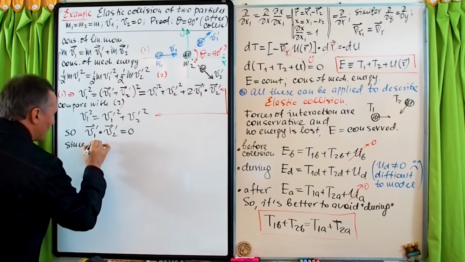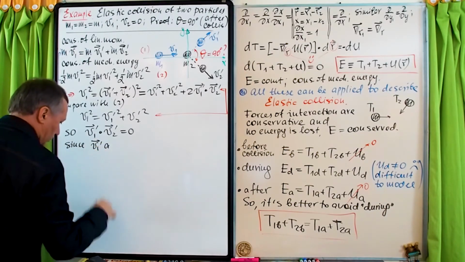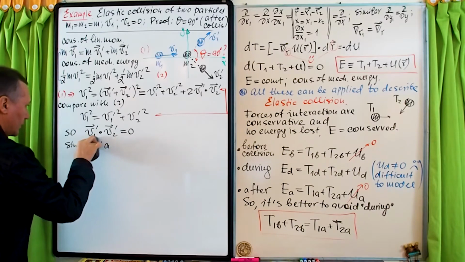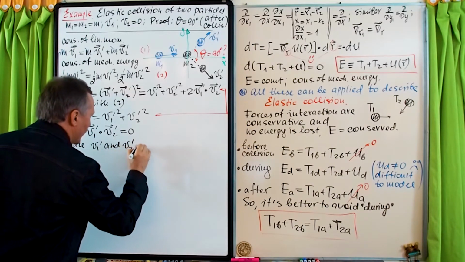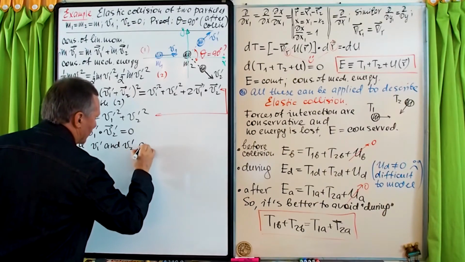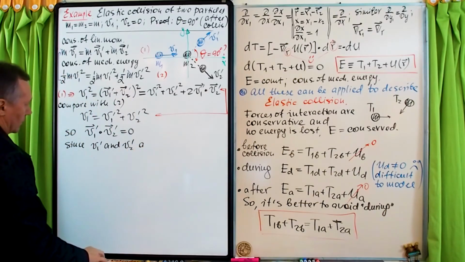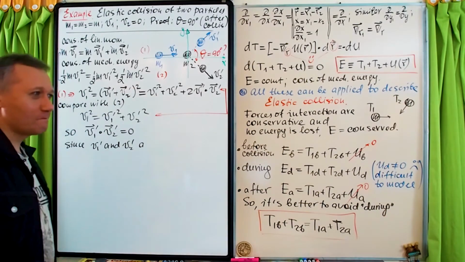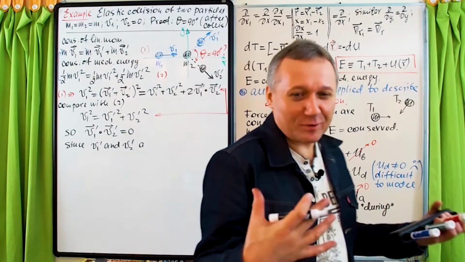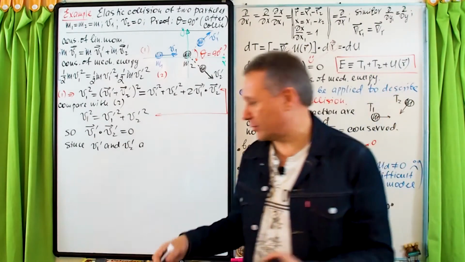v1 prime and, no, not, let me write absolute value, and v2 prime, since this velocity can have different values, right?